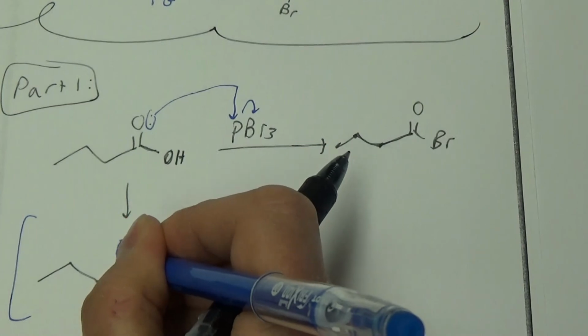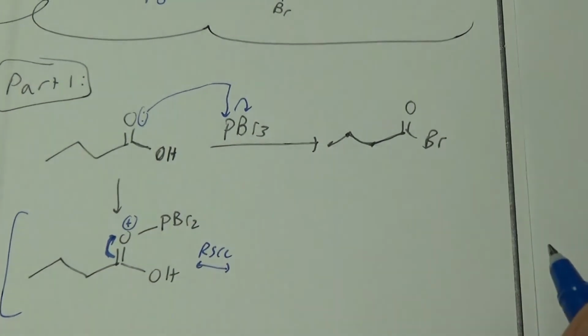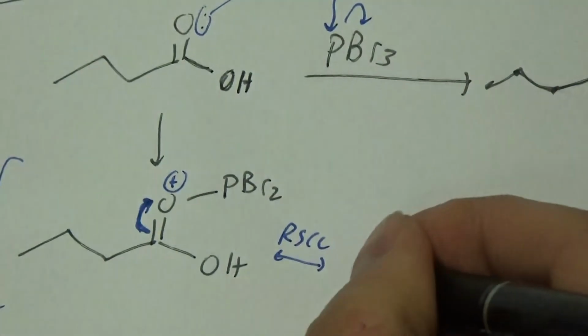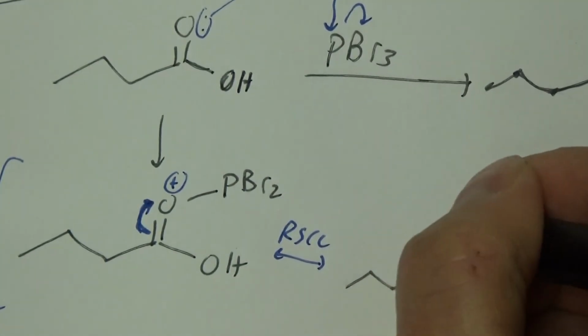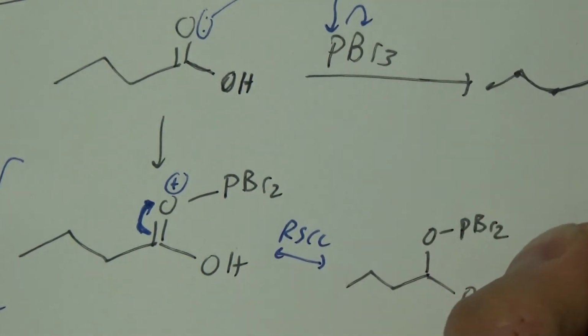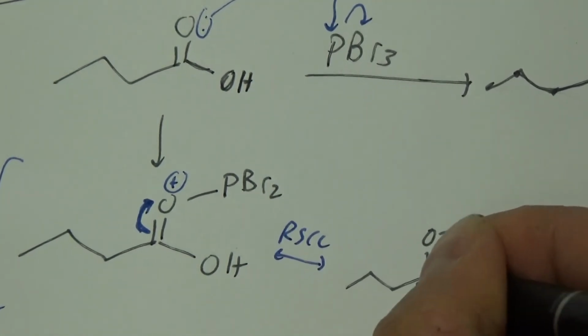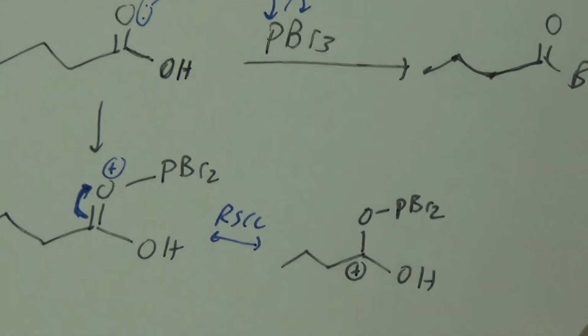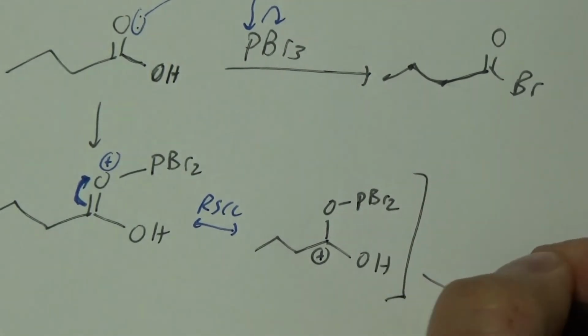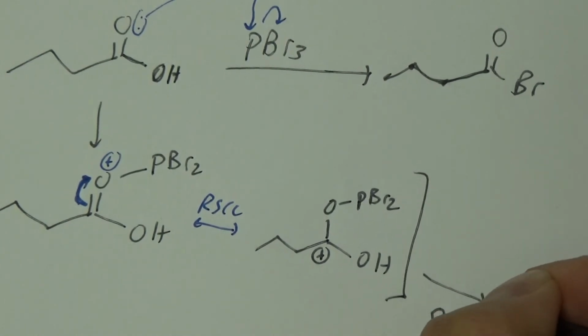Make it nice, from the bond onto the O. O, PBr2, plus charge, right? And RSCCs love to be attacked by stuff. Now we're going to use Br minus to attack.